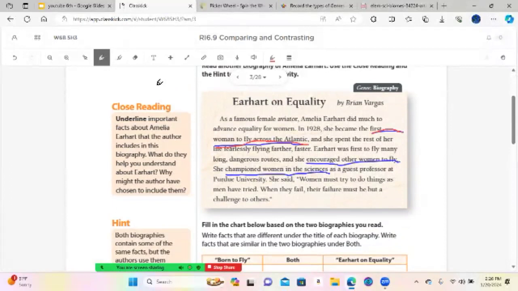She encouraged other women to fly, and she championed women in the sciences. So those were not mentioned in the previous story.